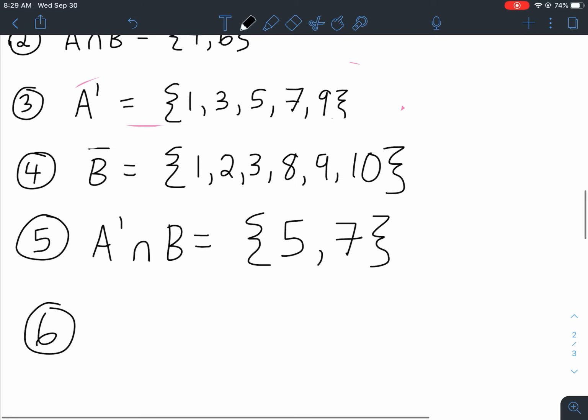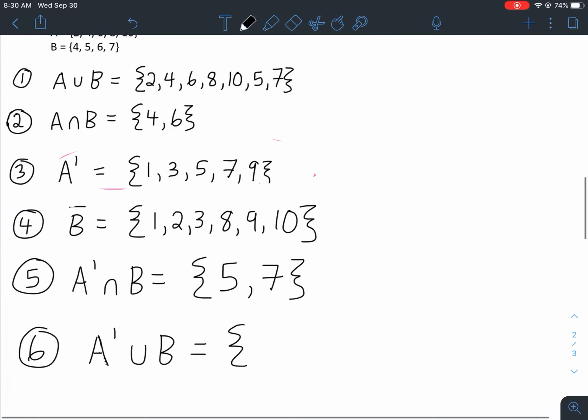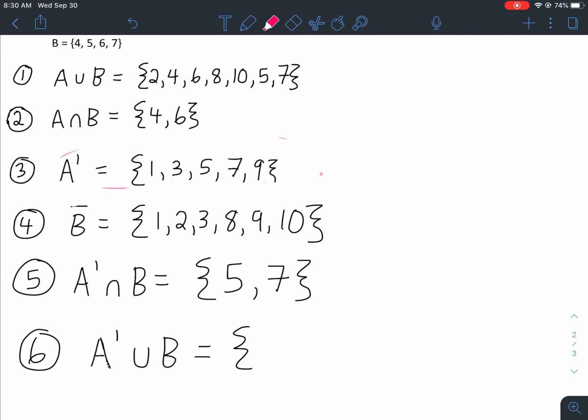Okay, next problem here. We have A complement, and we want to find the union with B. So we're joining A complement and B together. So A complement is this one. We already just looked at that.